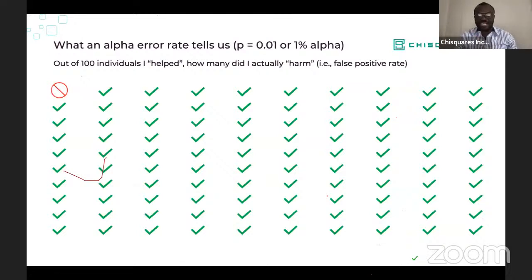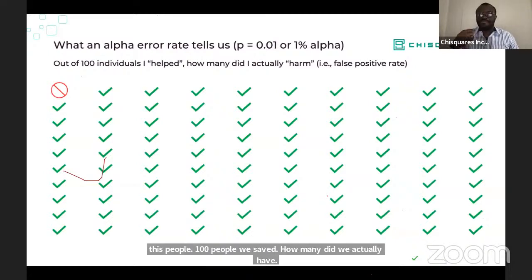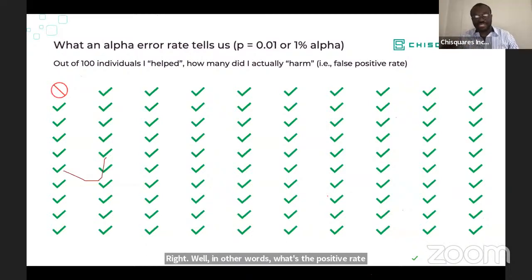Let's say we compare two drugs, drug A and drug B, and we concluded that drug A is completely useless. It does not save anybody. And drug B saves 100 lives. Of those 100 people we saved, how many did we actually harm? Or in other words, what's the false positive rate associated with that study?